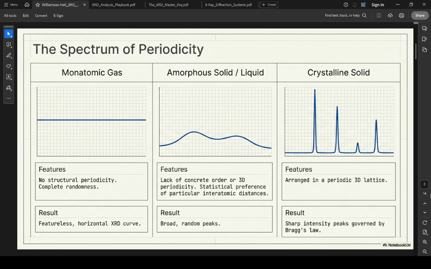And if you have a crystalline solid, then the atoms are arranged in a proper 3D lattice, and they will have sharp intensity peaks, which are governed by Bragg's law, and which can be used to understand the crystal lattice.